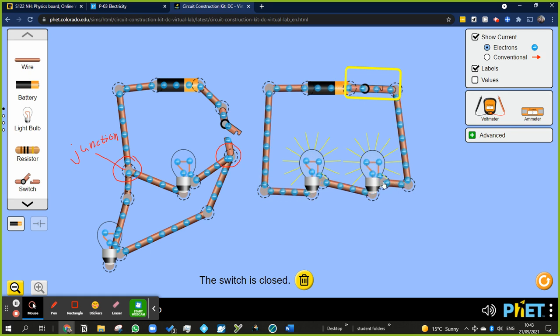They're going through both light bulbs, and it's worth mentioning that again. In this one here, all the electrons go through both light bulbs. Because of that, they're going to use up more energy.